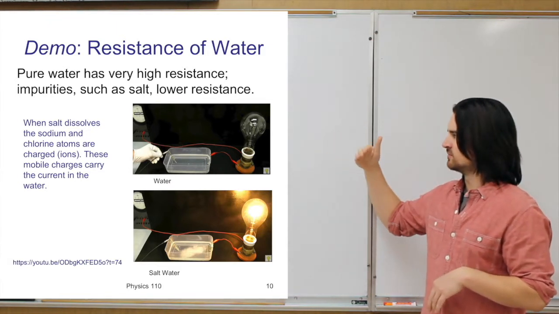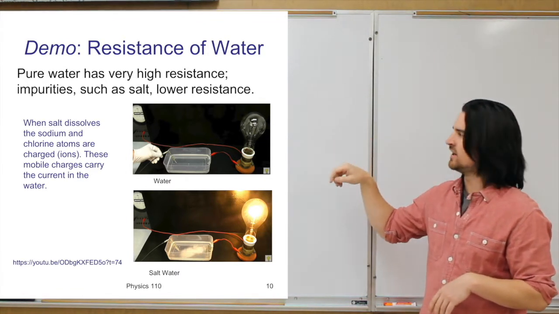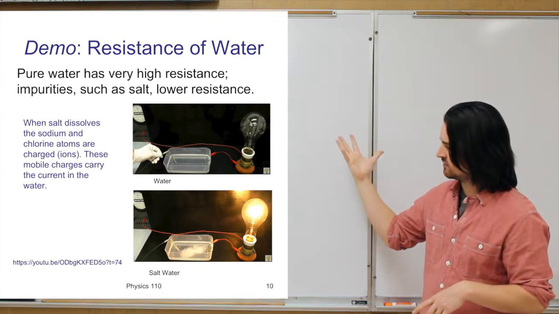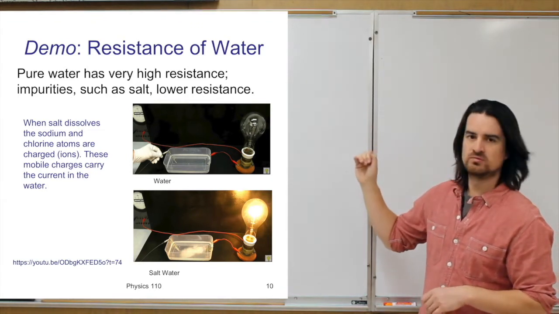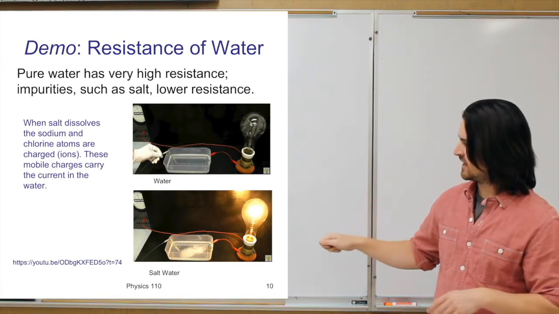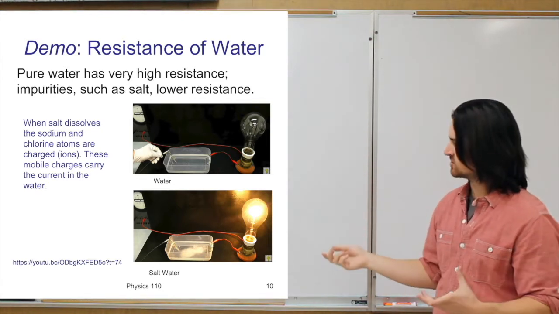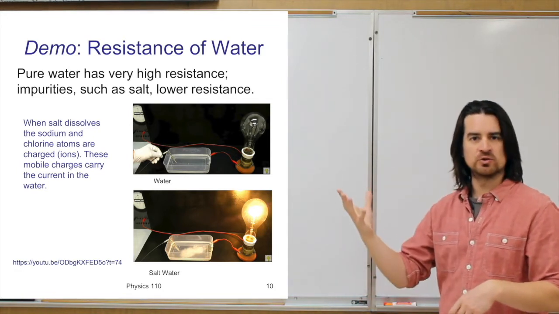When current flows, it will heat up the filament in the light bulb, and you actually get it to glow, and you see that visible light. So to begin with, there's no light, so there's no current flowing, and very quickly after the person takes some salt and puts it into the water, you see the light bulb start to illuminate.